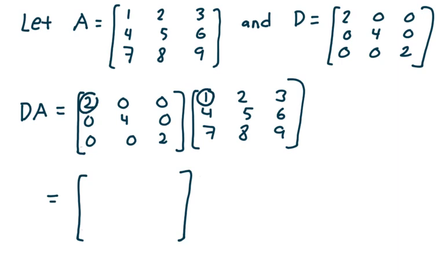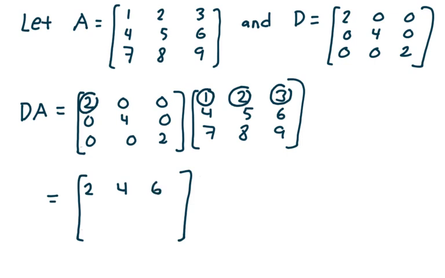That's going to give me 2. I'm going to take 2 and multiply it by 2. That's going to give me 4. I'm going to take 2 and multiply it by 3. That's going to give me 6.